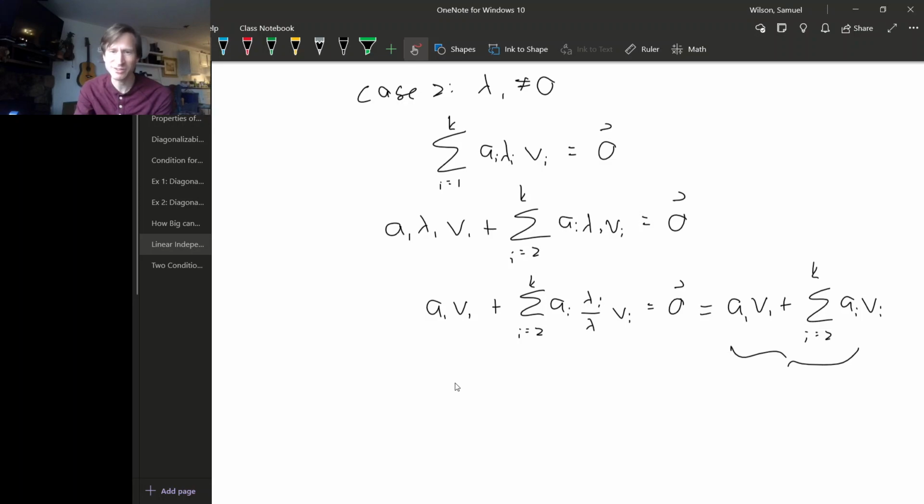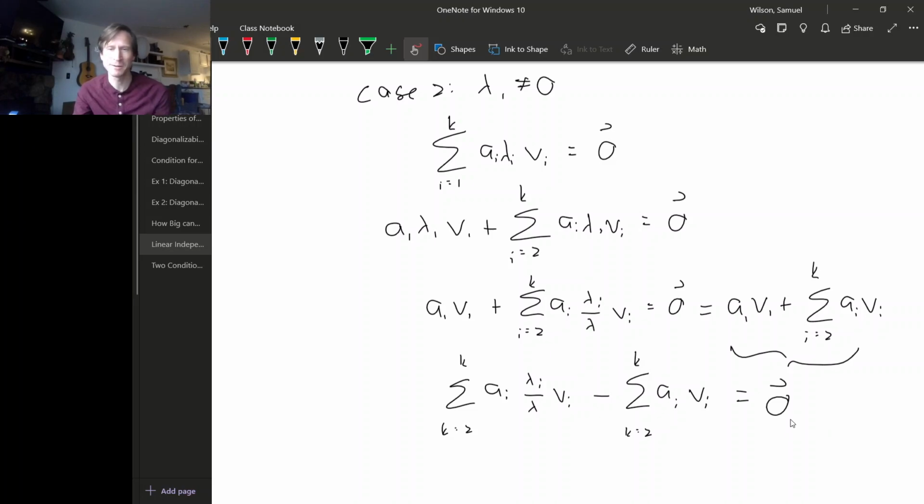And the remaining stuff is the sum from i equals 2 to k of ai lambda i over lambda 1 times vi, minus the sum from i equals 2 to k of ai times vi. And now that's all equal to 0, because when I subtract this from both sides, there's nothing left on the right-hand side. Okay, but now I can simplify this sum.